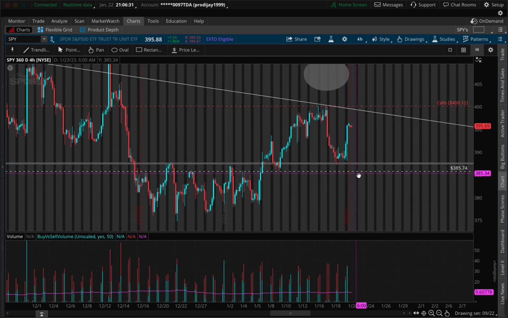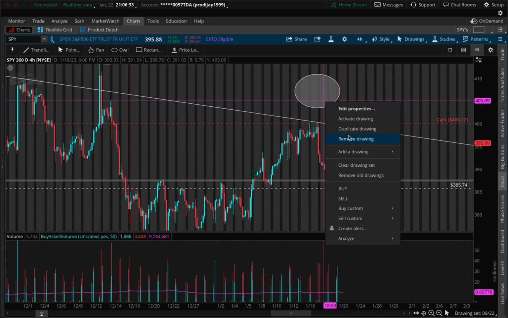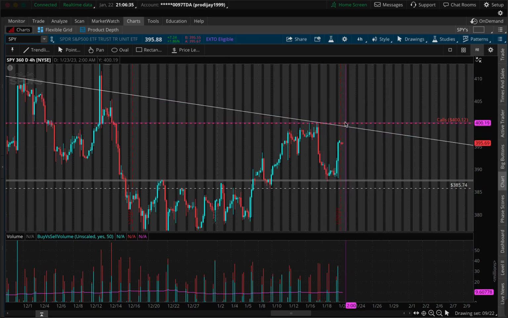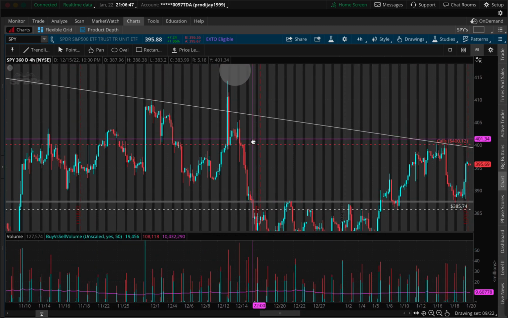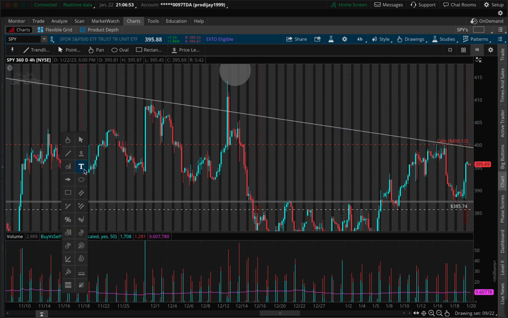Price target for puts. If I had a price target for calls, well, I'm just going to play it how I plan on doing it. If I was to take some price targets, it'd be the low of this wick right here, 492, or even the high of right around these two areas.